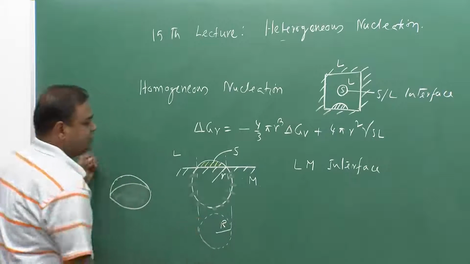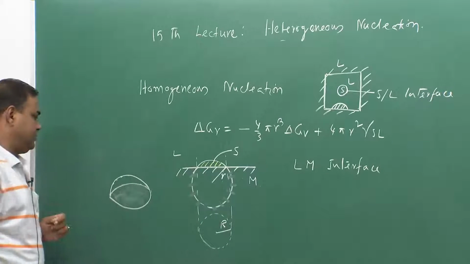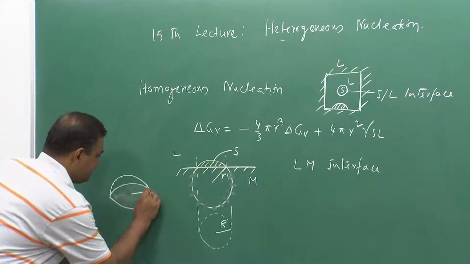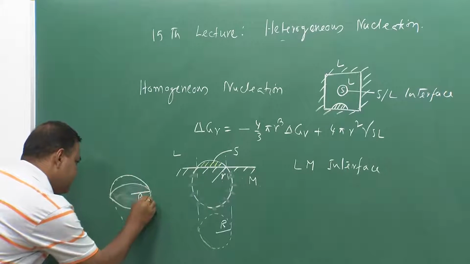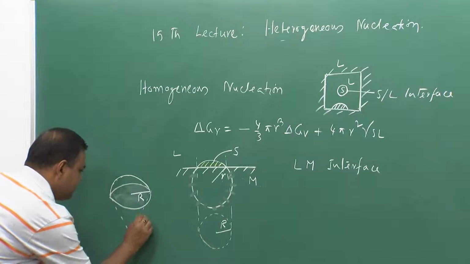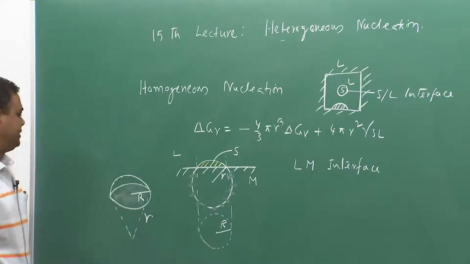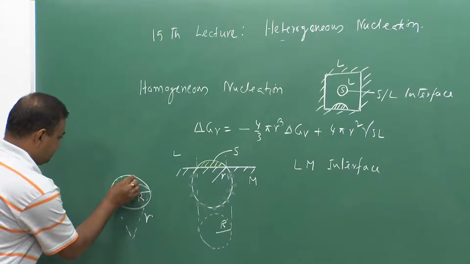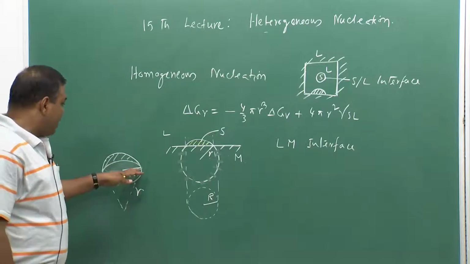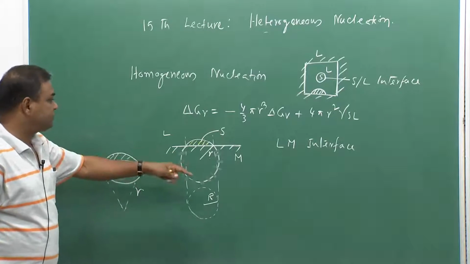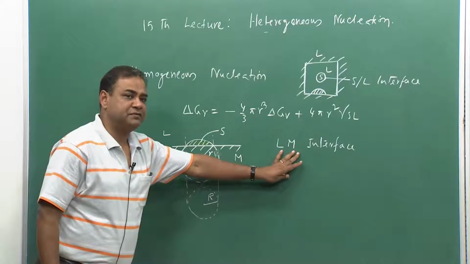So, this was small r and this is capital R. This is that cup. Before formation of this solid, everything was a liquid metal interface.